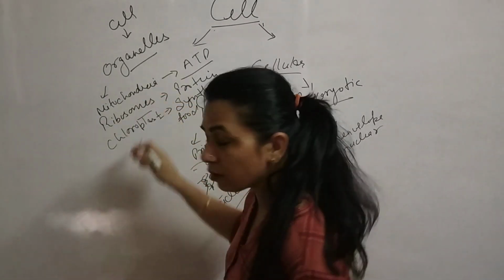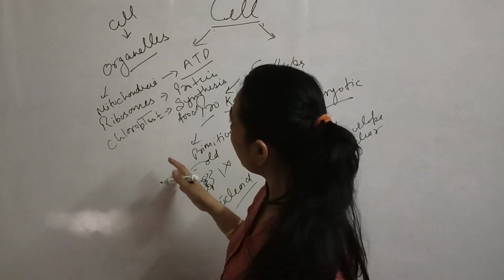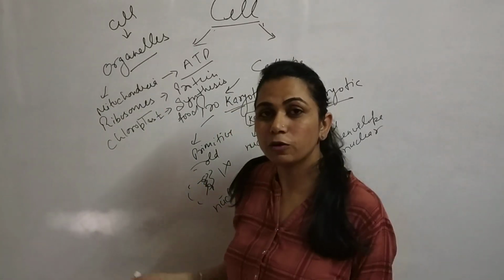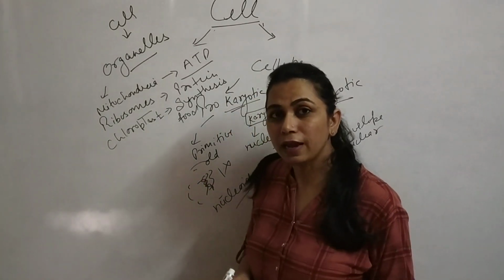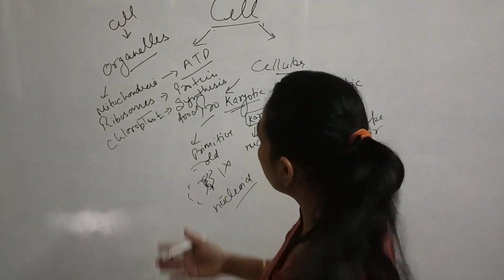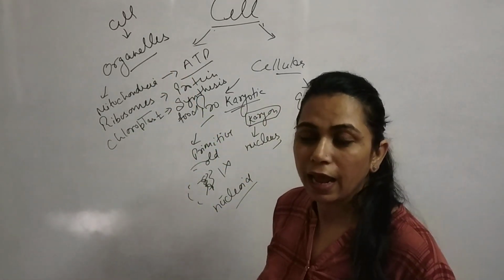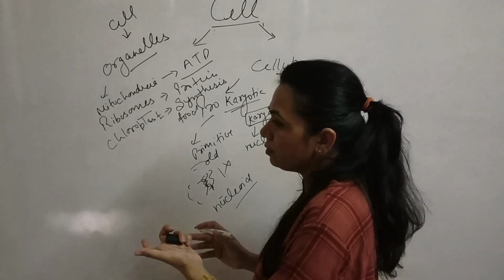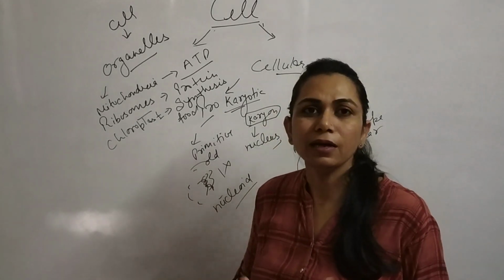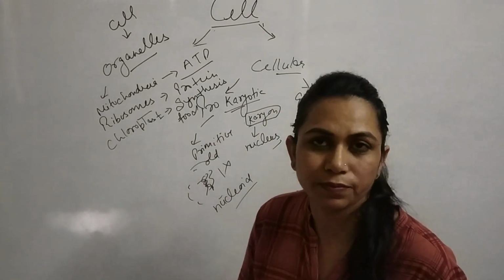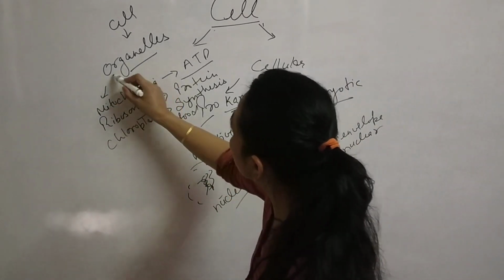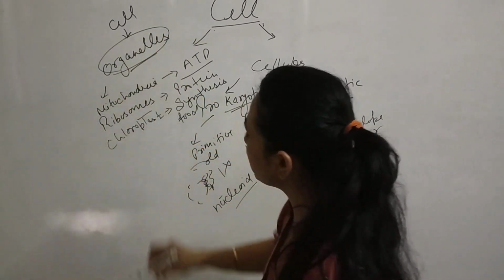So these are different organelles and they all have different functions, but they are together present in a cell. So how does a cell exist independently? Because these different organelles are there and they all perform different functions and thus maintain the cell as a living unit, right? So these are the different organelles.